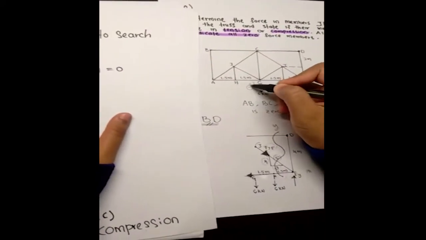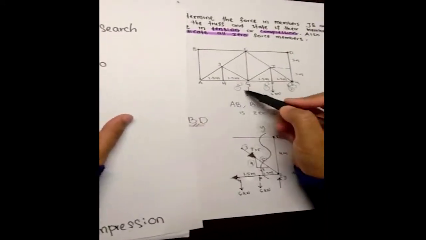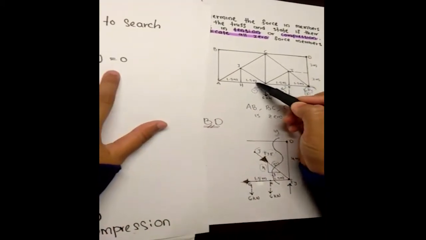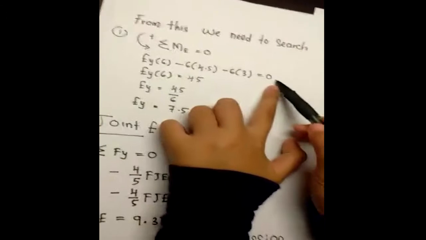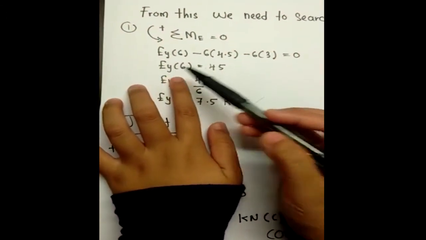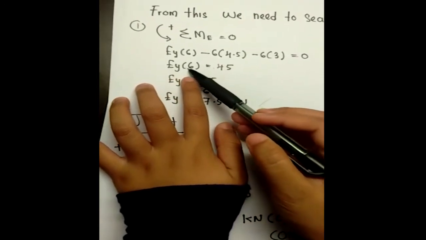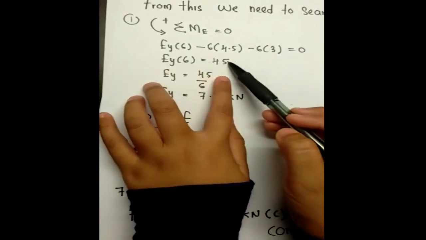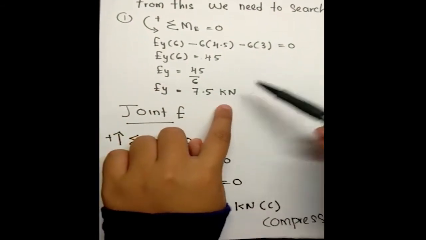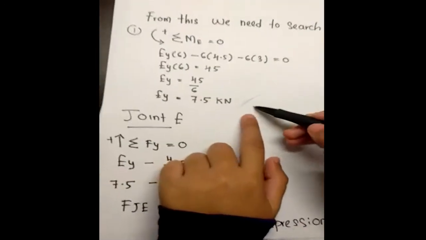And minus 6 at point G because it is clockwise, with a load of 6 kilonewton, times 3 because 1.5 plus 1.5 is 3, equal to 0. So EY times 6 equals 45, so EY is 7.5 kilonewton. So we get the moment at point E.